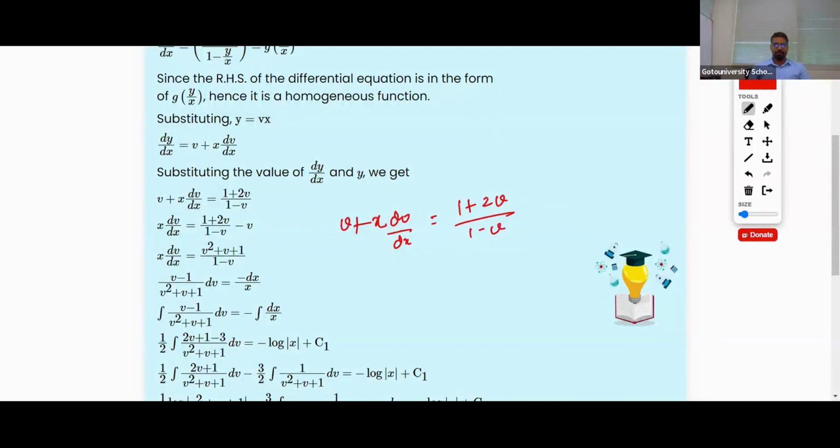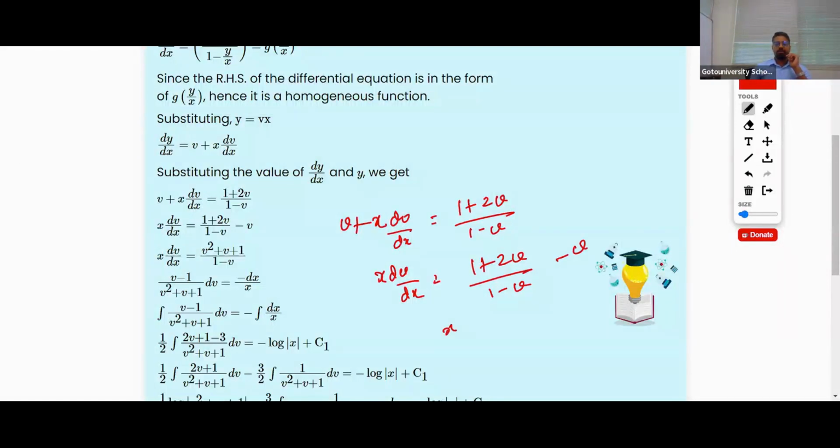Now we have to separate this. So what happens here is x into dv by dx is equal to 1 plus 2v by 1 minus v minus v. So after that we have separated the variables.